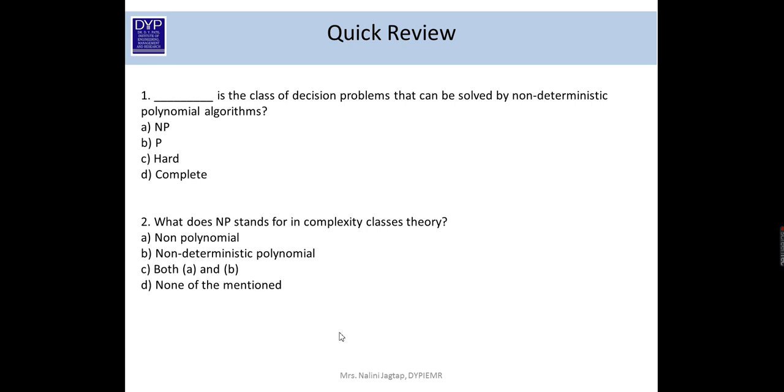It says non-deterministic polynomial. What does it mean? We cannot solve the problem in deterministic time, but if the solution is available, it can be verified in a polynomial algorithm, which we have seen just now. So the answer is NP.